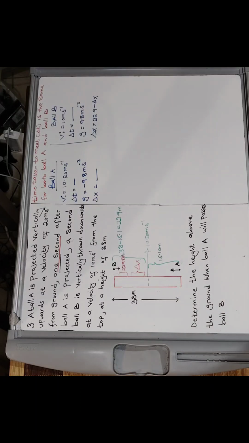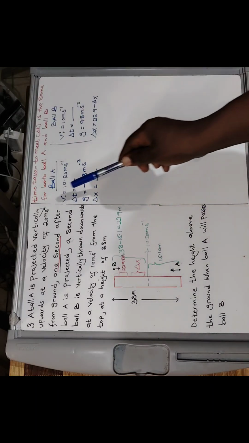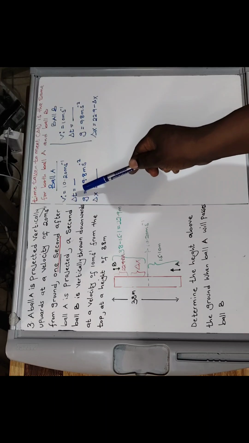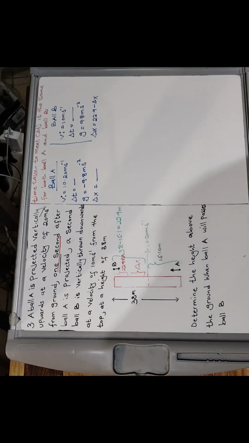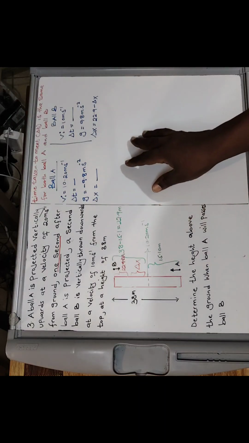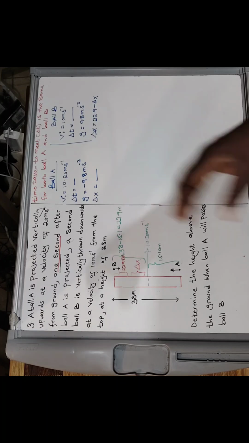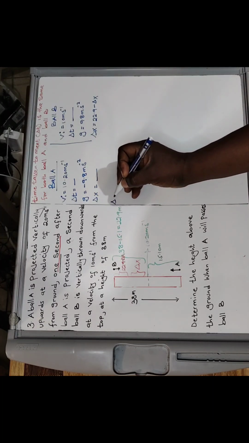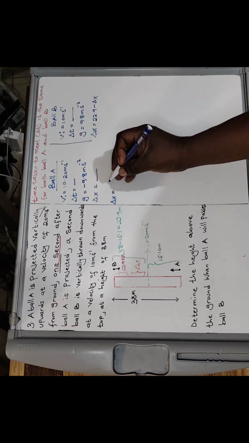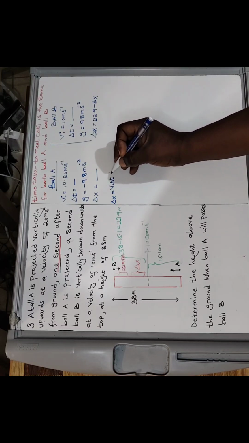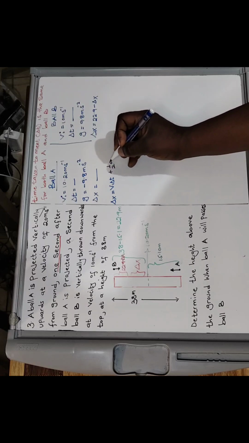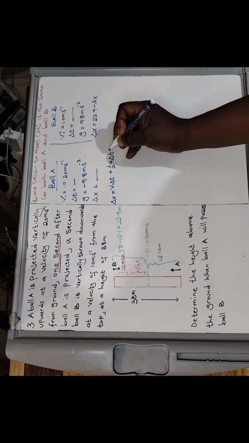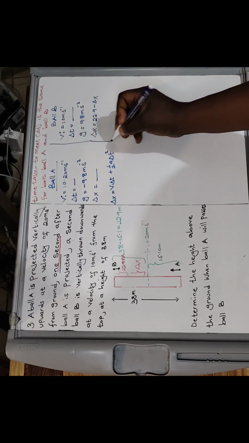So after doing that, what do you do? You look at the data. This data conforms to which equation? It is equation 3, which says delta x is equal to vi delta t plus a half a delta t squared.